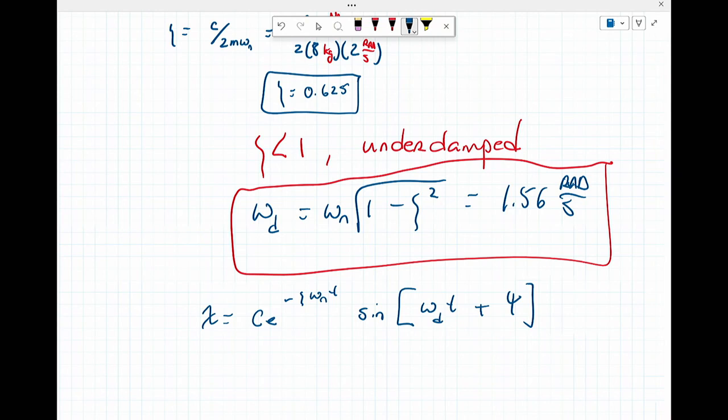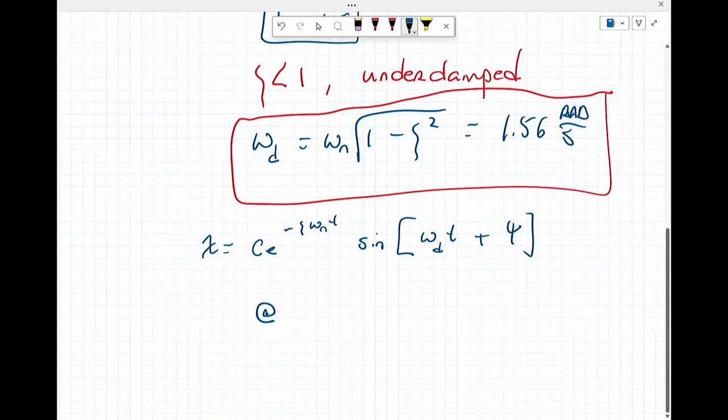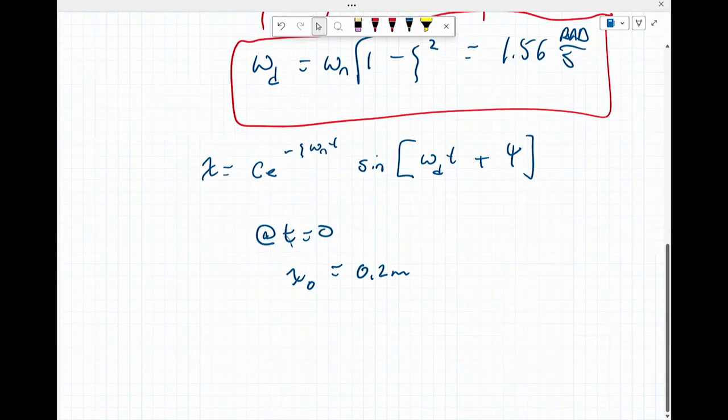I know what zeta is, I know omega n, I know omega d, I don't know psi, I don't know x, or I know x. X is given to me at time equals 0. At time equals 0, x naught is equal to 0.2 meters.